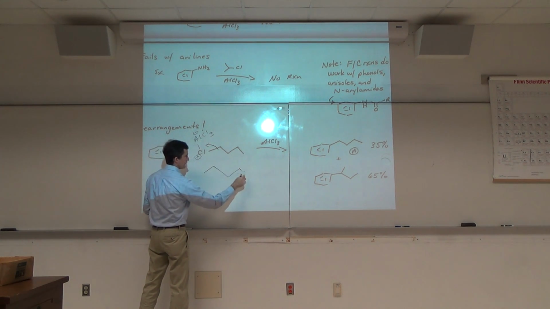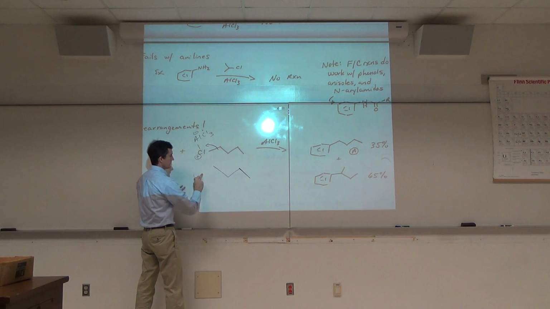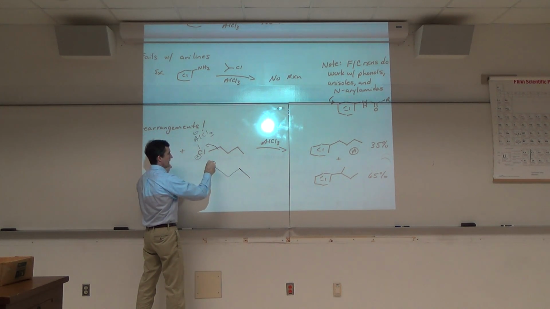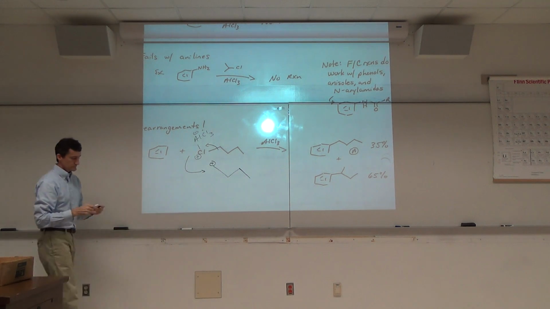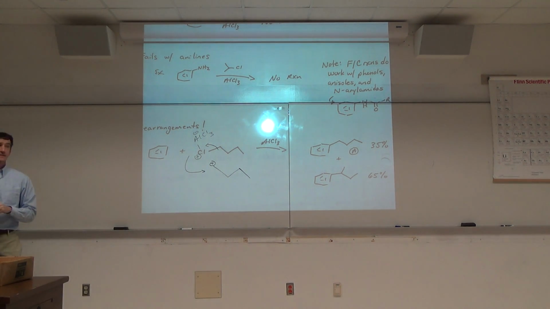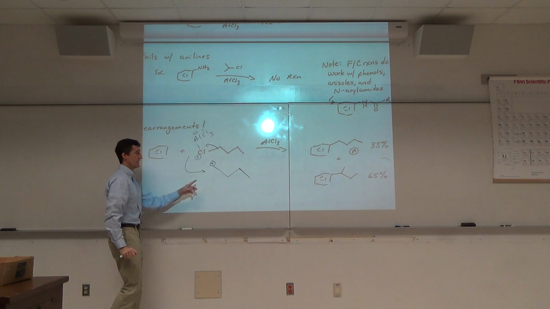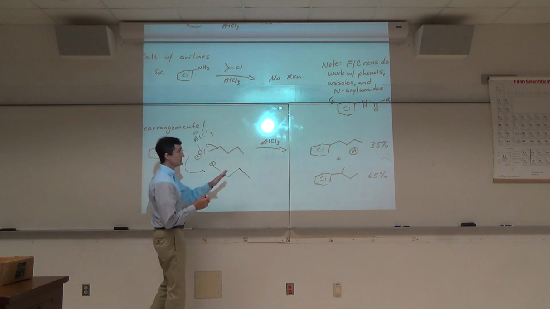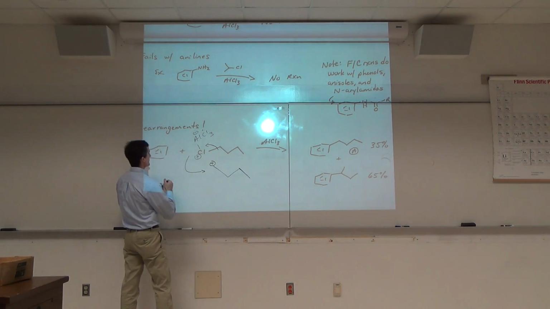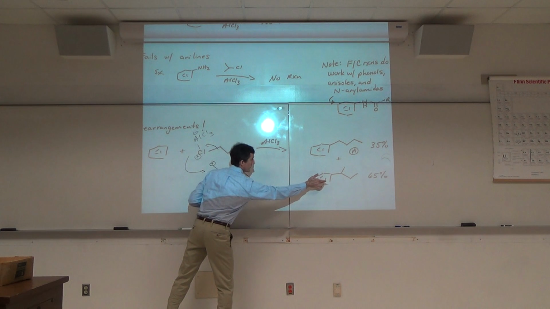We just want to draw it with the same backbone. Get to that point, right? Ooh, that's ugly. A primary cation, right? I don't know any other way to show these products, especially this one.